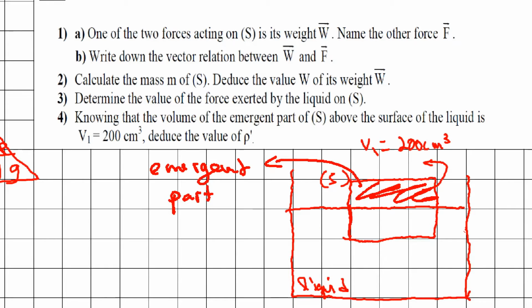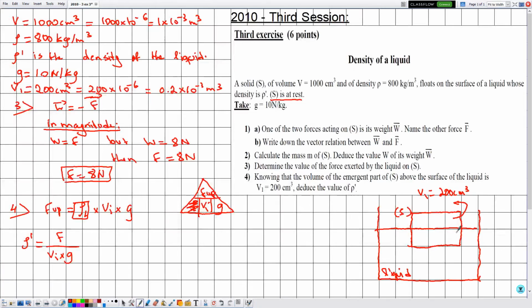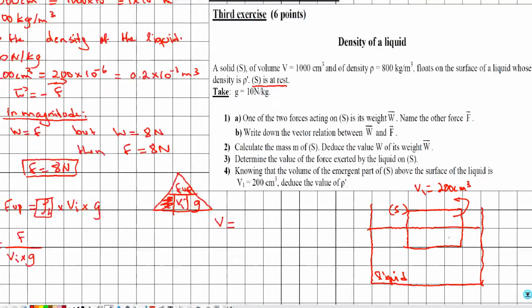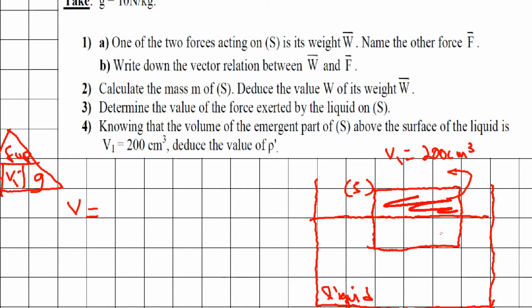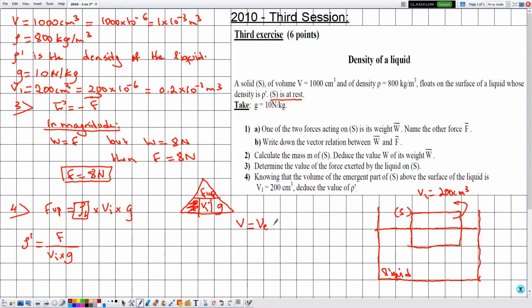We know the total volume of the cube, so it's left to determine the volume of the immersed part. Let me write here that the total volume of the cube is given by the volume of the emergent part, denoted by V1, plus the volume of the immersed part.